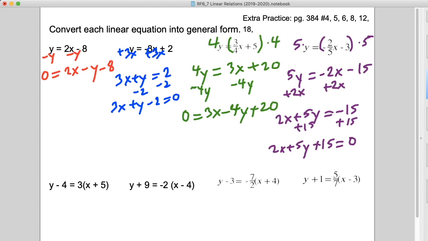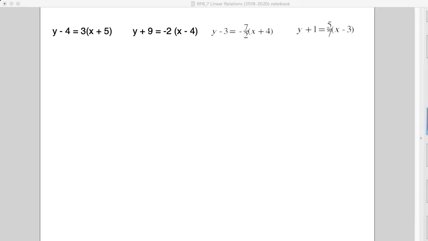So along the bottom now, we're dealing with a whole bunch of linear equations in point-slope form. With this first one here on the left, we're going to continue to distribute. You have 3 times x, and then 3 times 5.